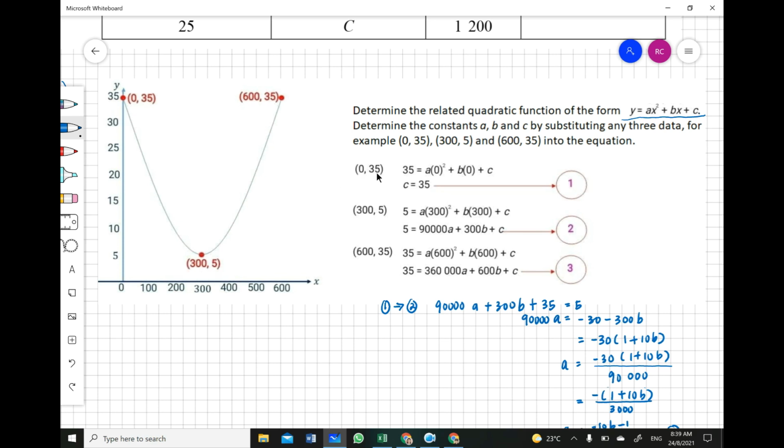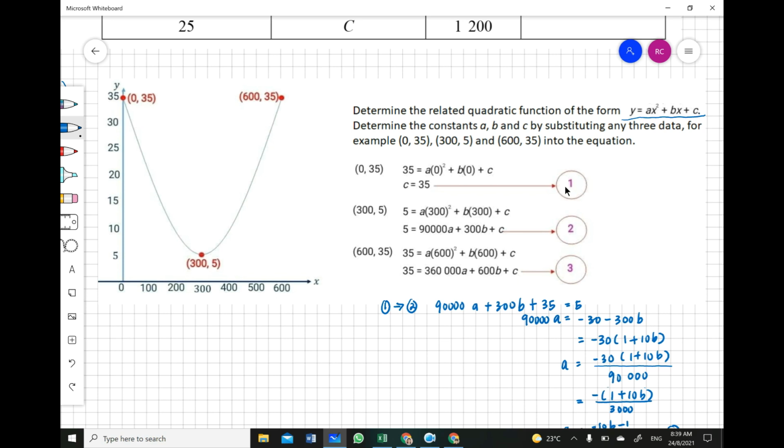If we substitute 0, 35 into the equation, the value of y is 35. So we have 35 equals a times 0, plus b times 0, plus c. Finally, c is just equal to 35. So this is the first equation.